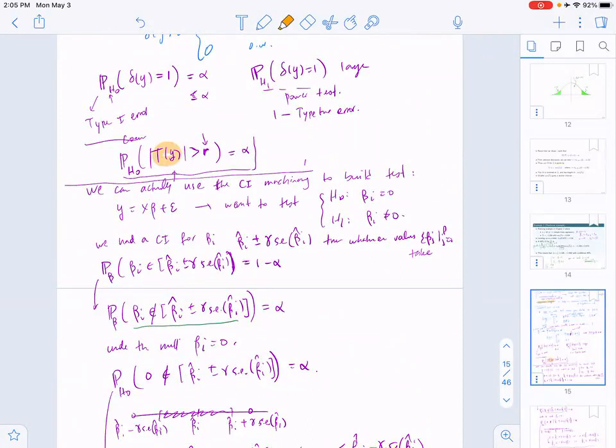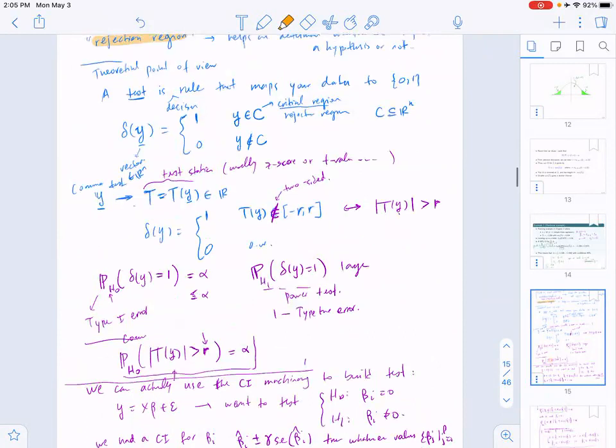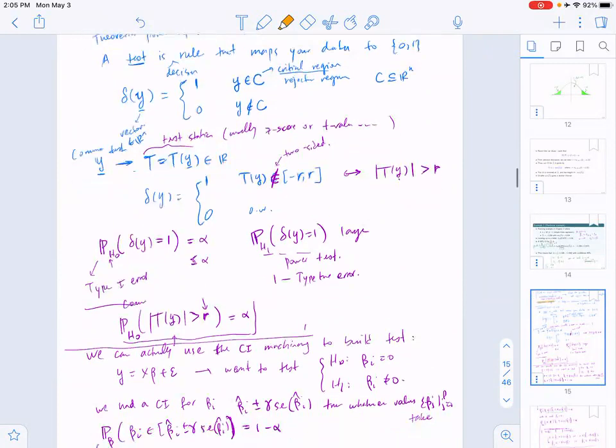It's based on beta hat and the estimate of the variance. The way these tests are usually set up is that you compare this statistic with a threshold, or an absolute value threshold, and so that would be the test.